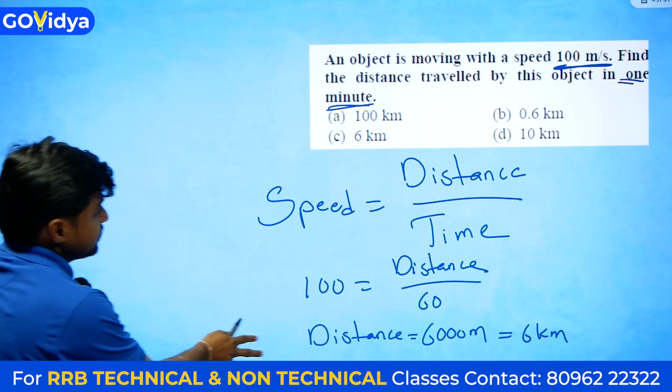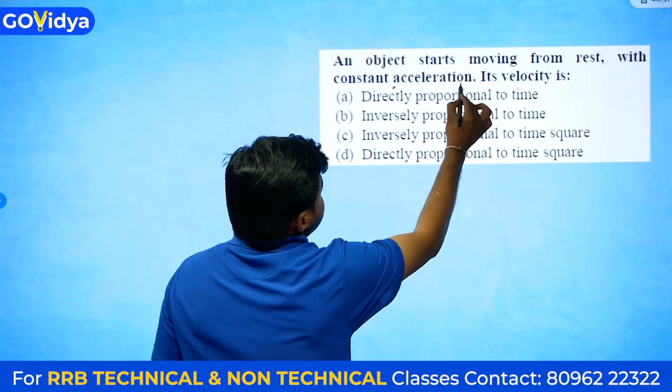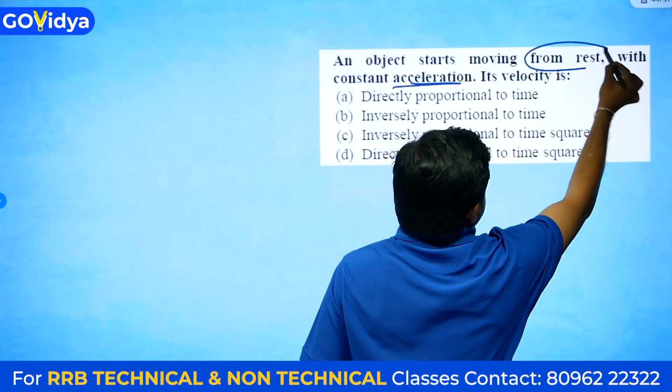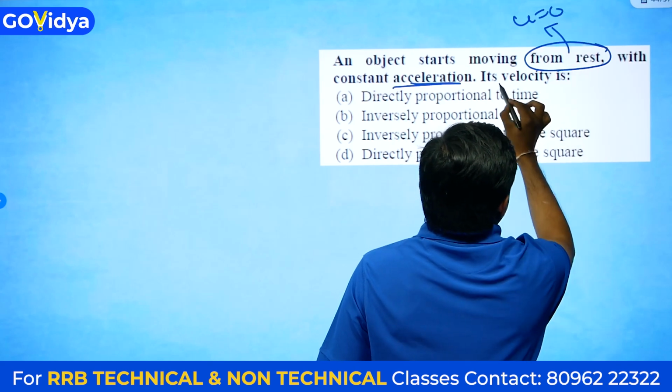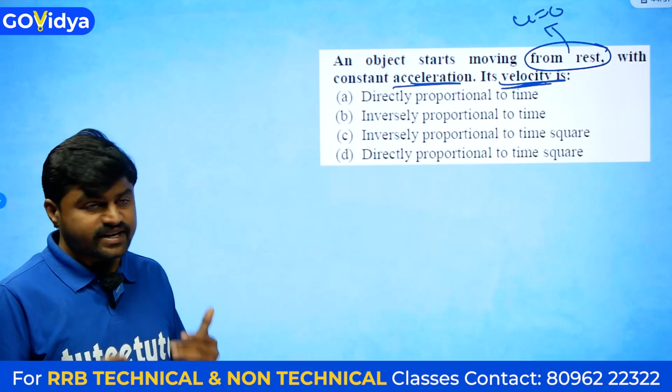Next question. The object starts moving from rest with constant acceleration. Starts moving from rest means initial velocity U is equal to 0. Its velocity is? We know that V is equal to U plus AT.